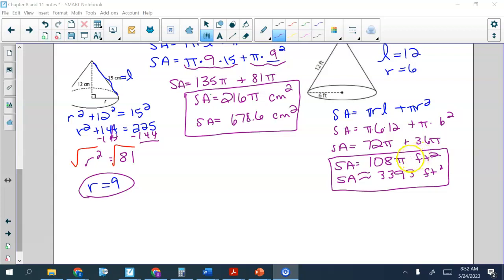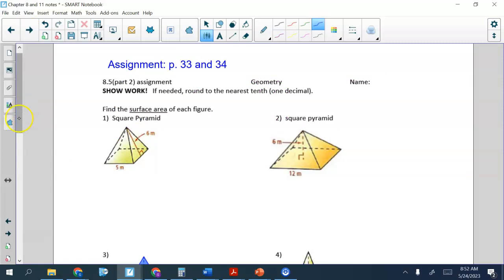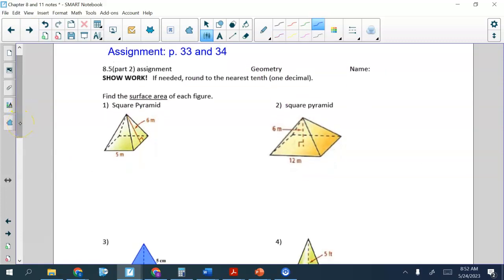Should get surface area to be 108 pi in square feet. And then as an approximation, 339.3 square feet. Okay, so your assignment for today is to do page 33 and 34. Okay? Email me if you have any questions.